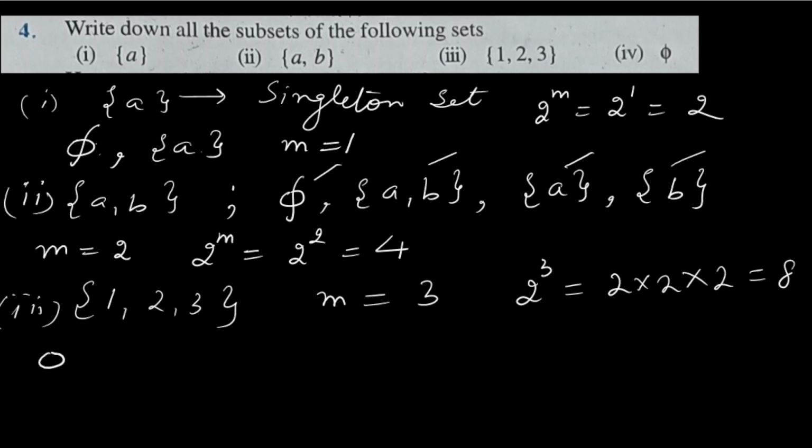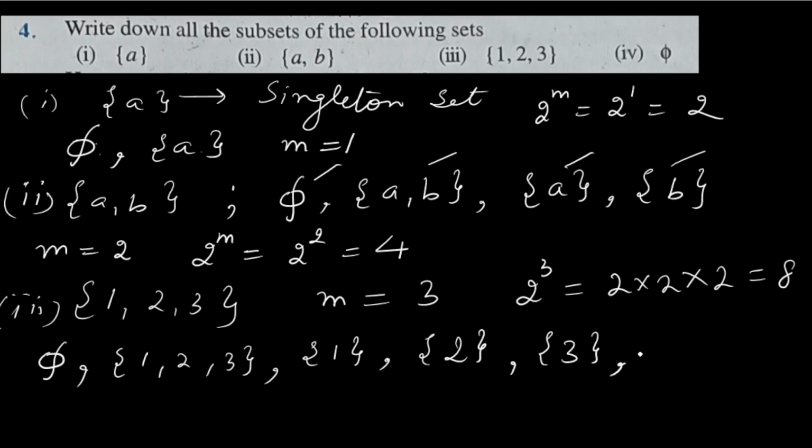So first of all, phi, which will always be there. Then the set itself, {1, 2, 3}. Then all singleton sets we can take: {1}, {2}, {3}.